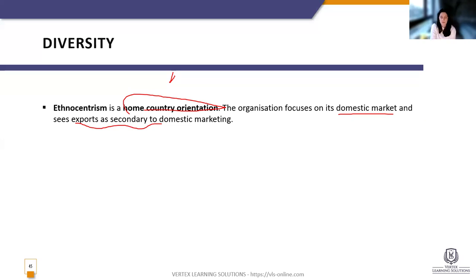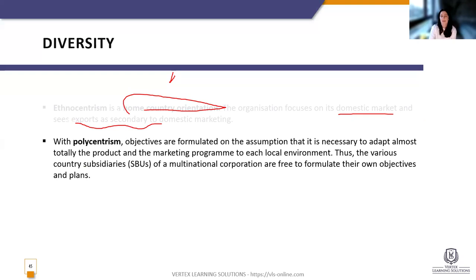With polycentrism, there is an assumption that it is necessary to adapt almost totally the product and marketing program to each local environment. So we will talk about adaptation. The various country subsidiaries of multinational corporations will be free to formulate their own objectives and plans.